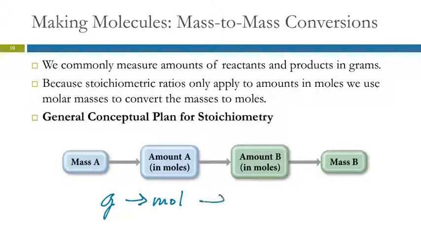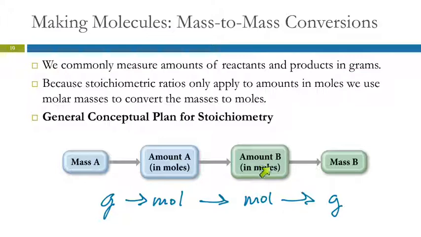Grams to moles to moles to grams. So the mass of A, usually in grams, and you can convert that to the amount of A in moles. We've learned how to do that, use the molar mass, right? Amount of A in moles to amount of B in moles, that's what we just learned. Coefficients from the balanced chemical equation.